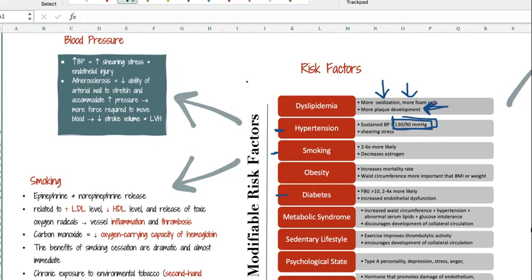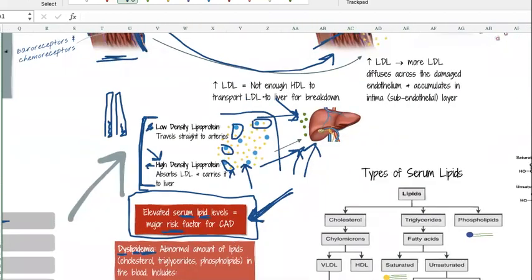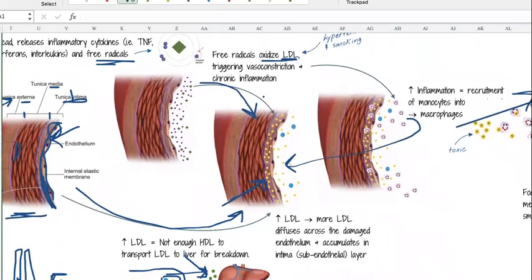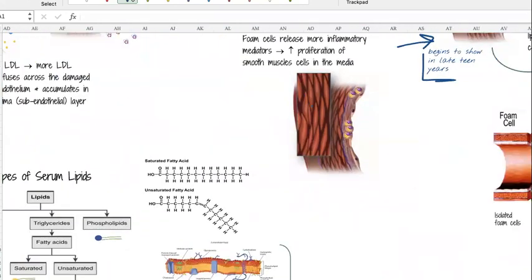The other thing is that it's a cyclical problem, because remember we talked about how in atherosclerosis, one of the things that happens is the inflammatory mediators cause proliferation of those smooth muscle cells in the wall of the artery. If we look over here, we can see where we talked about that. It increases these muscles and makes this wall here thicker.